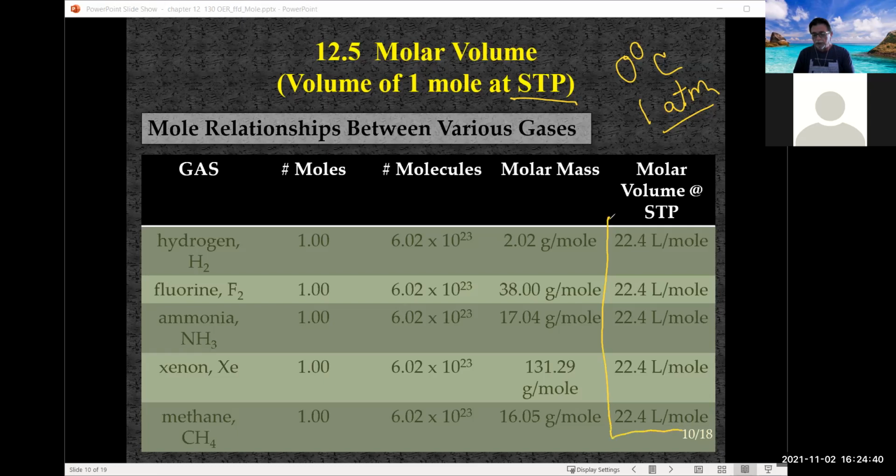For 1 mole of any gas, it has a volume of 22.4 liters, okay? Only at STP. So if we look at all the gases given here, we have hydrogen gas, fluorine gas, ammonia, xenon, and methane, okay?